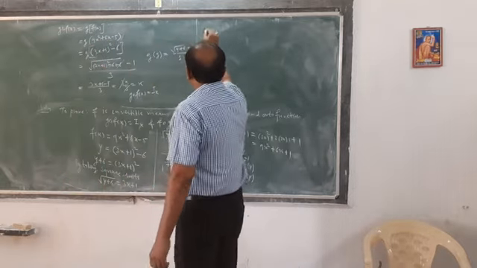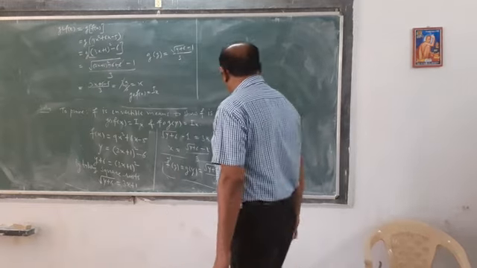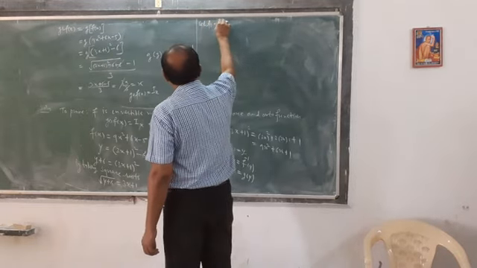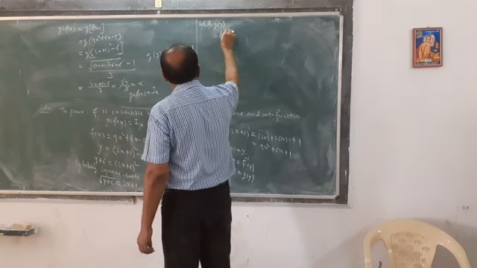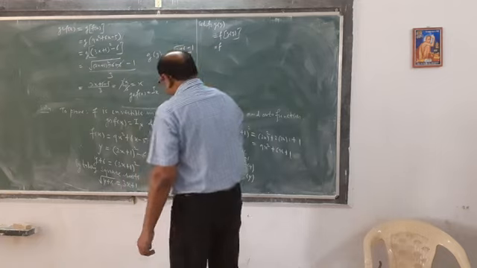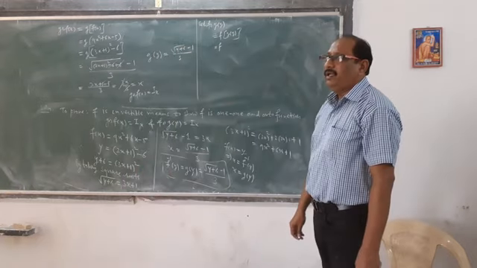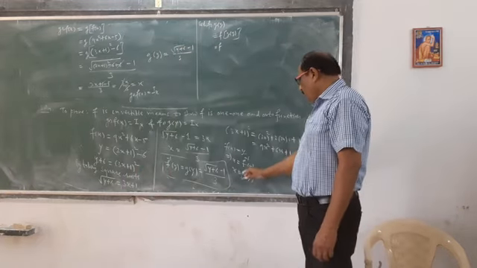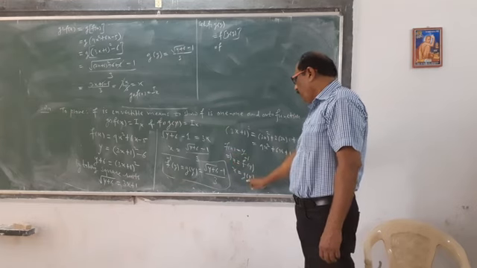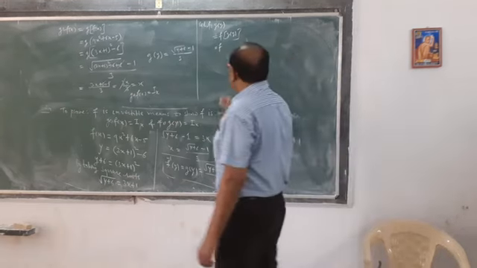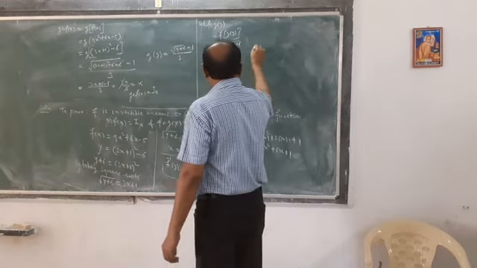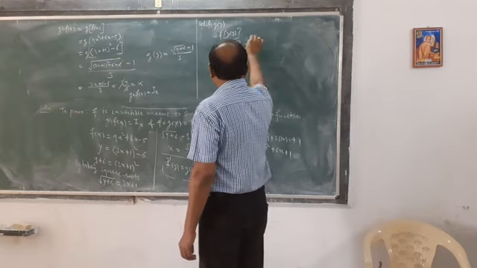Now we take f circle g of y. F circle g of y means f of g of y. What is g of y? G of y means f inverse of y, that is square root of y plus 6 minus 1 upon 3.